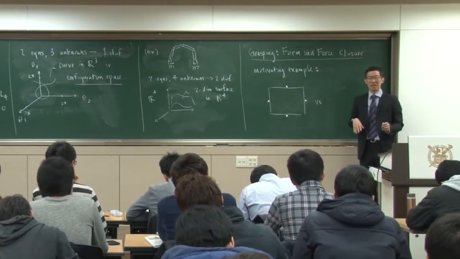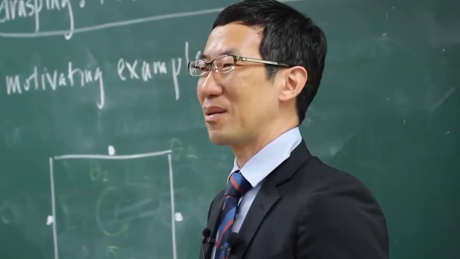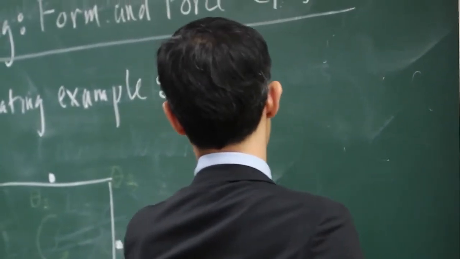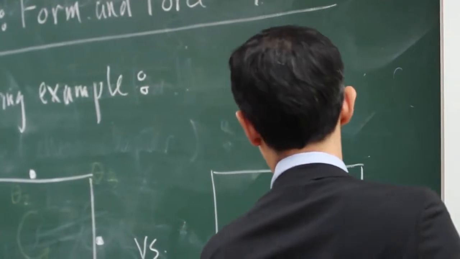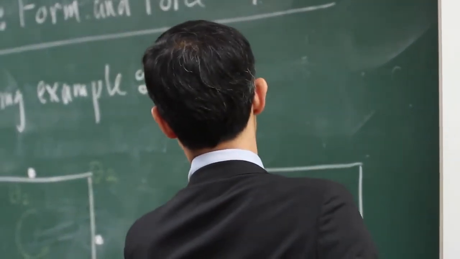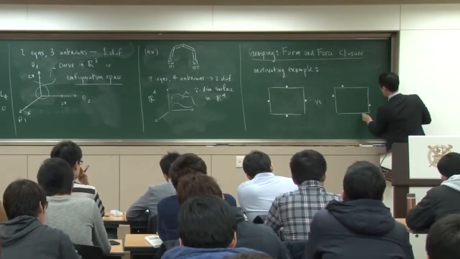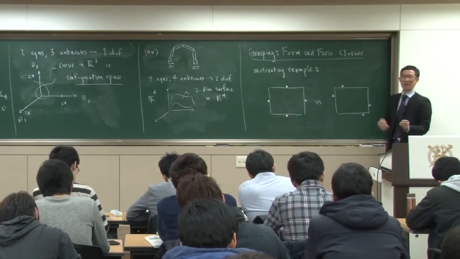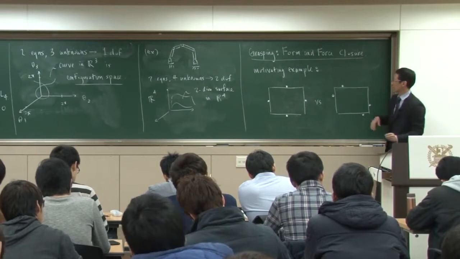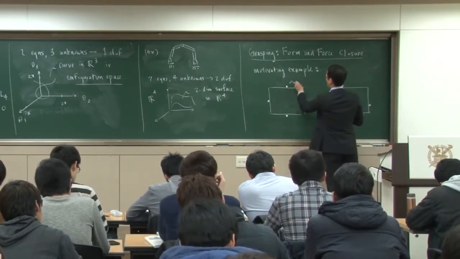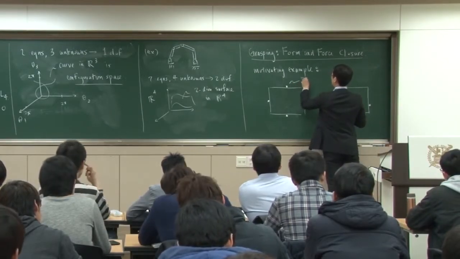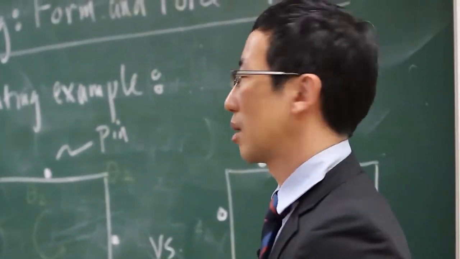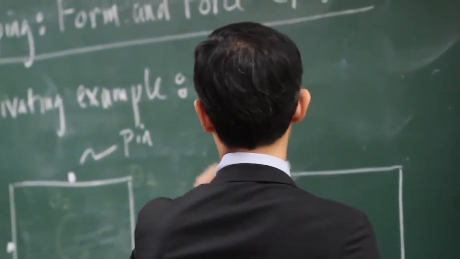Somebody else looks at it and says, well, that's a silly way to frame a picture, and claims that this is a better way. So these are sort of 4. It's a pin. And these are all pins.